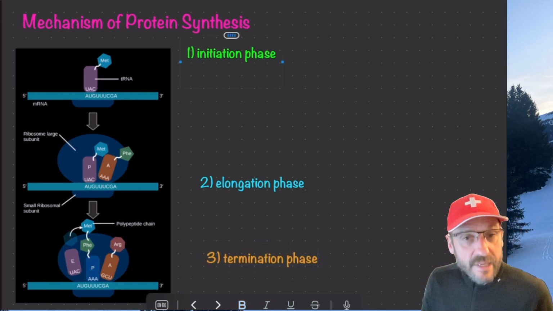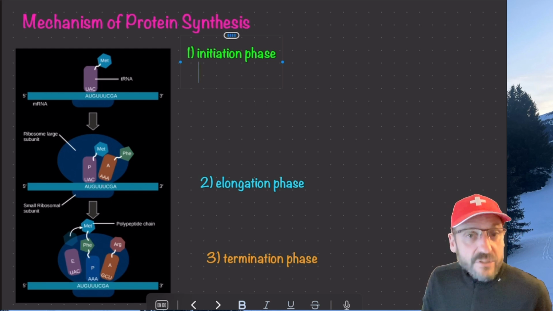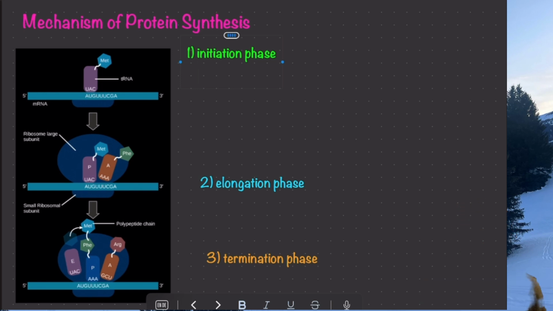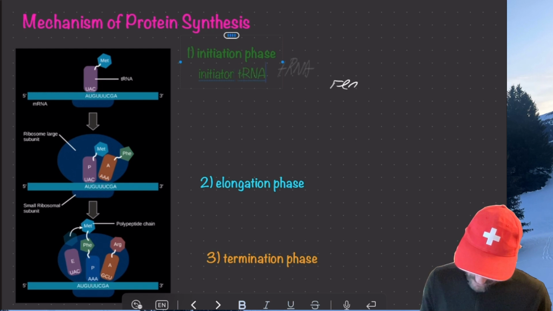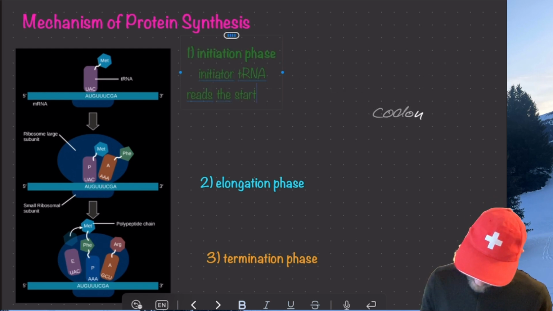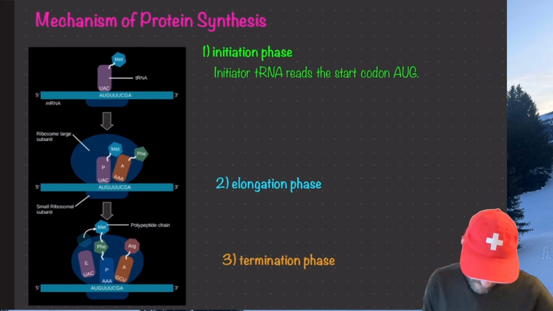When we look a little deeper into the initiation phase, we find a tRNA that can read the start codon, the AUG start codon. We can see that right over in here.